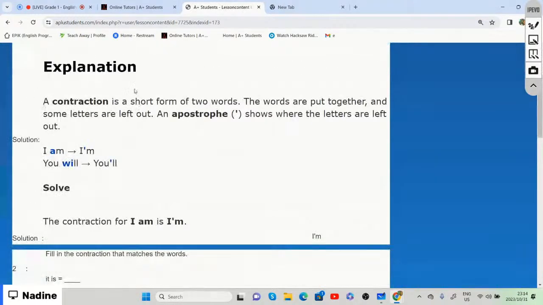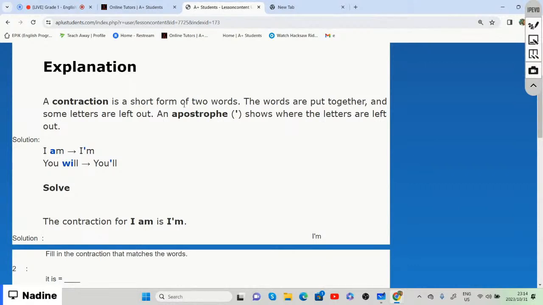So we say the contraction is a short form of two words, right? And the two words are put together, and then some letters are left out. So it's either one letter or any other letters that are left out, right? Whatever letters we leave out, we then put an apostrophe in its place.